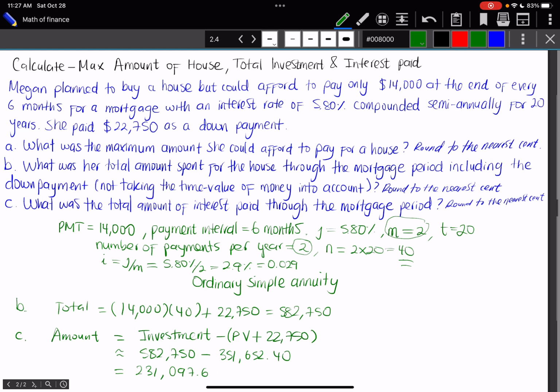The total amount of interest paid through the mortgage period was the subtraction of two things: the investment minus the result of part A, the maximum amount she could afford to pay for a house.